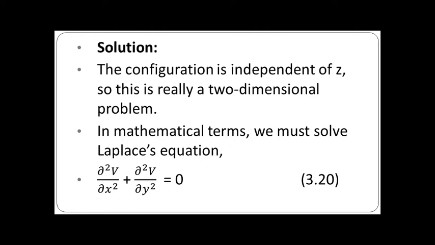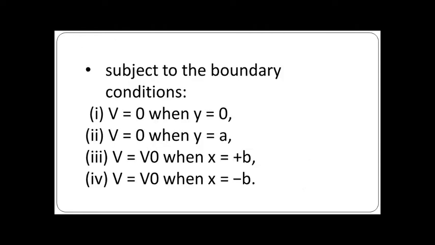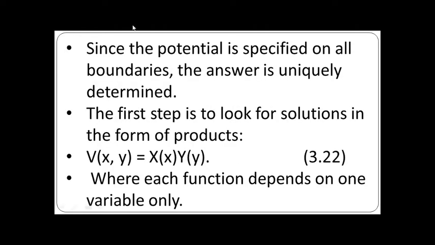I am just revising this a little bit so you will understand it better. The things which we did in the previous problem, we are going to do here also. Since the potential is specified on all the boundaries, the answer is uniquely determined. The first step is to look for solutions in the form of products.